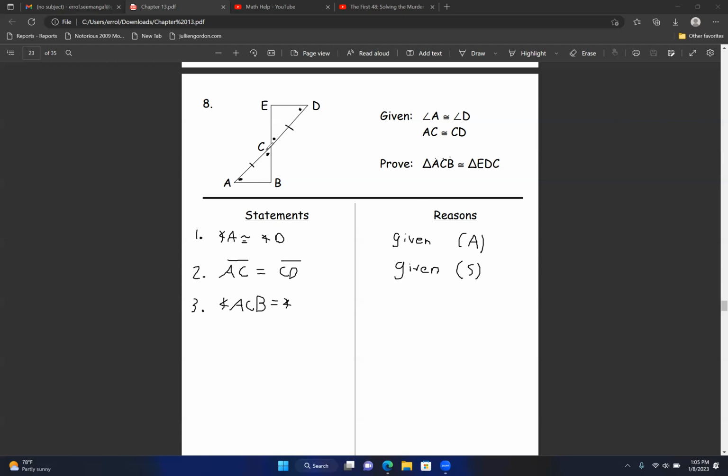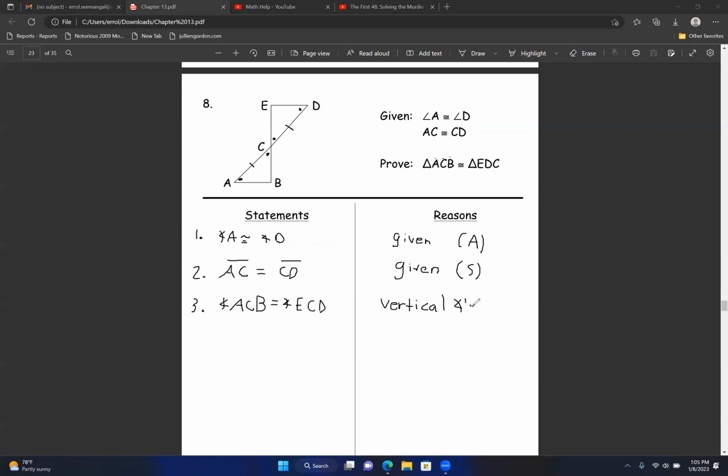ACB would be congruent to not EDC, but it will be angle ECD. So we start at E, go to C, go to D. That's this angle right here. Okay. And then what's the reason here? Vertical angles. Exactly. Vertical angles.